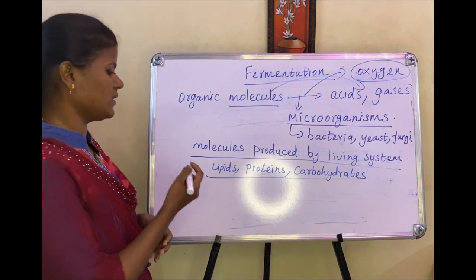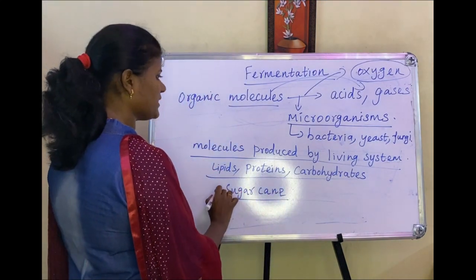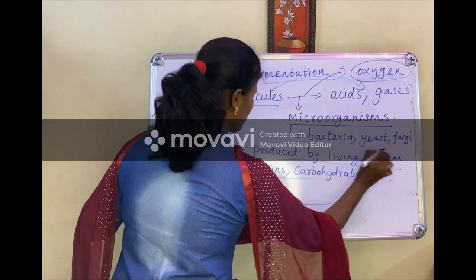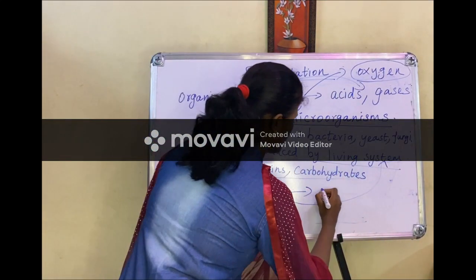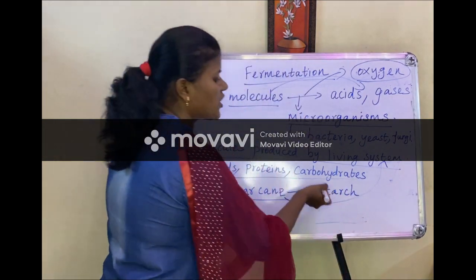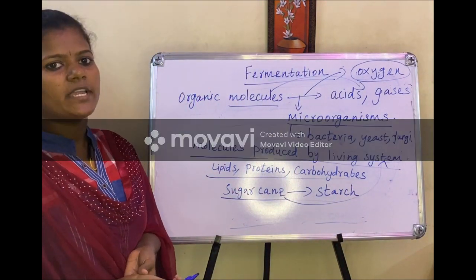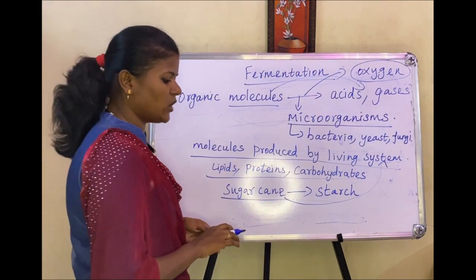For example, sugarcane. Sugarcane plants come under the living system. Sugarcane contains starch. Starch is one of the organic molecules.